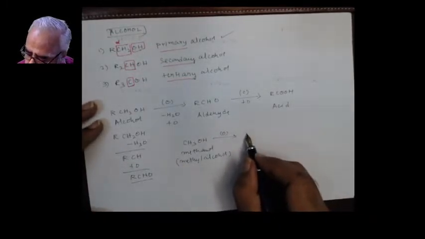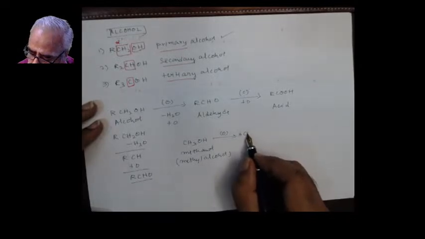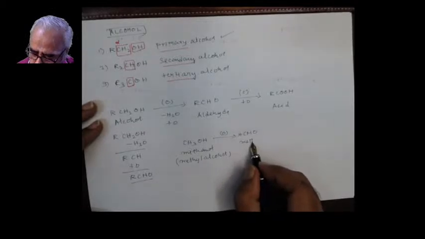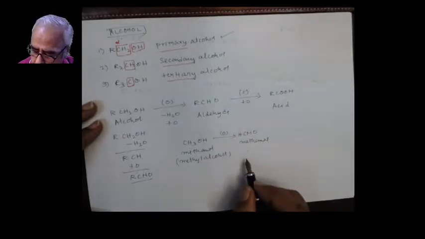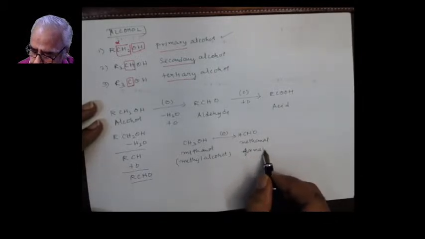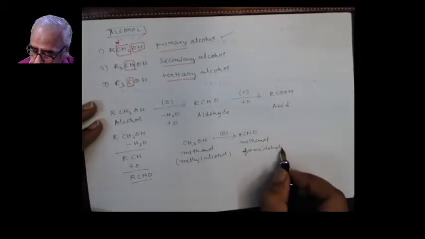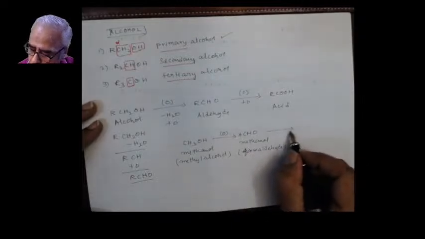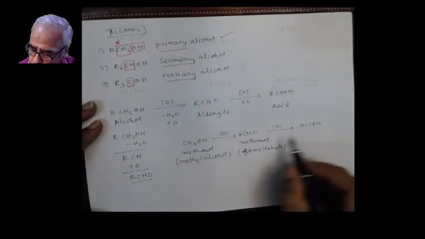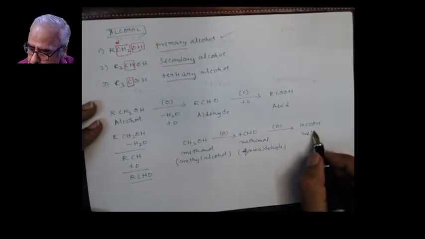So it becomes HCHO. It's called methanal, that is formaldehyde. That on further oxidation gives formic acid, methanoic acid.